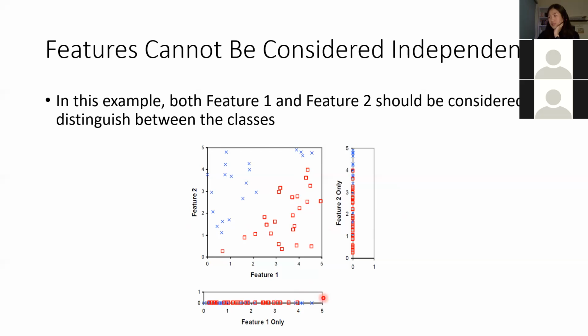But if you consider only feature 1 or only feature 2, I don't know if it's that easy, because you've lost the most important information. So what I want to say is, don't throw your useful features away, because they contain a lot for the prediction. Always use them together, not separately.